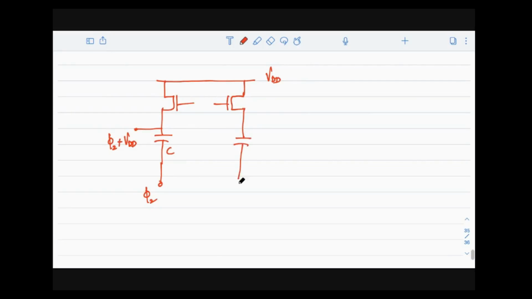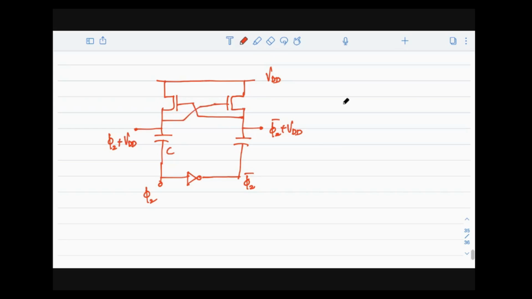Here is another capacitor. Now, if this phi 2 is there, I'll use an inverter to connect this to here, where I'll get phi 2 bar. Here I'll get phi 2 bar plus VDD. And I'll connect this to here, so this switch will be controlled, and I'll connect this to here so that this switch will be controlled.